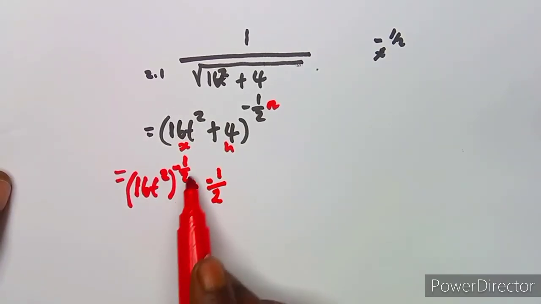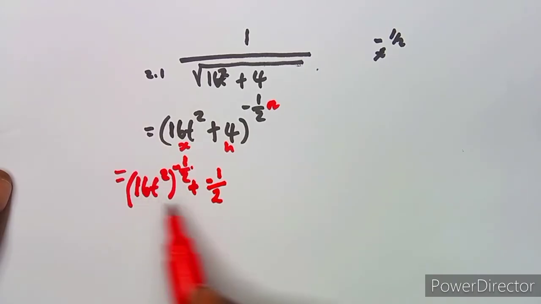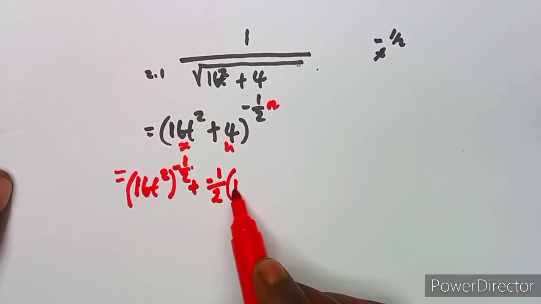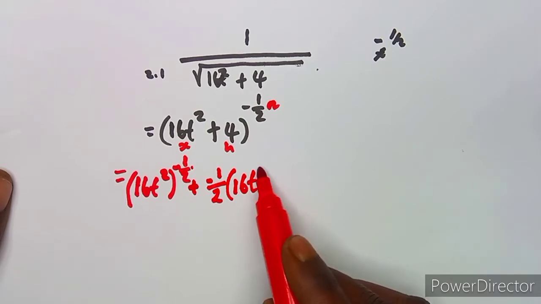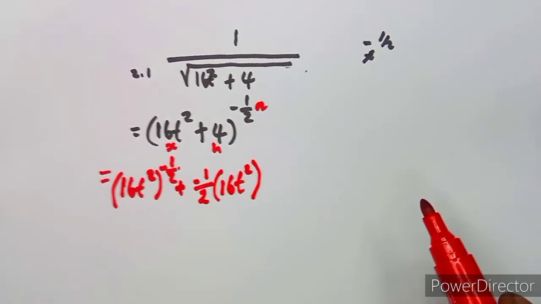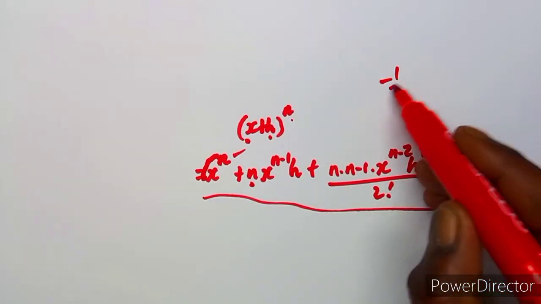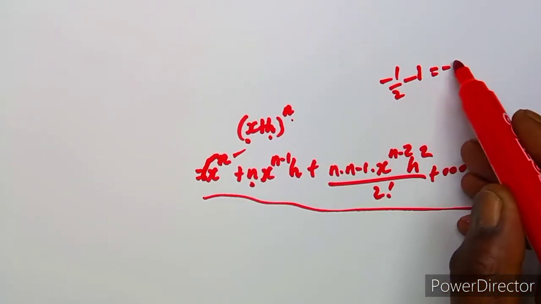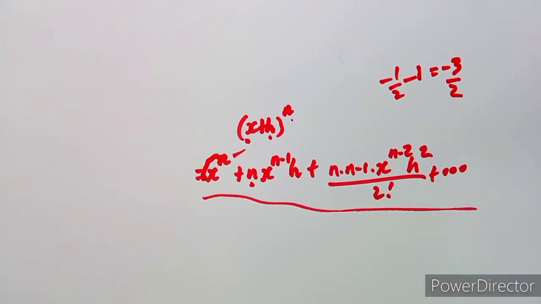Then we subtract 1 on the exponent, so it's going to be 16t squared, like this. Minus half minus 1 is going to give us minus 3 over 2. So we are going to obtain minus 3 over 2 there, all right.